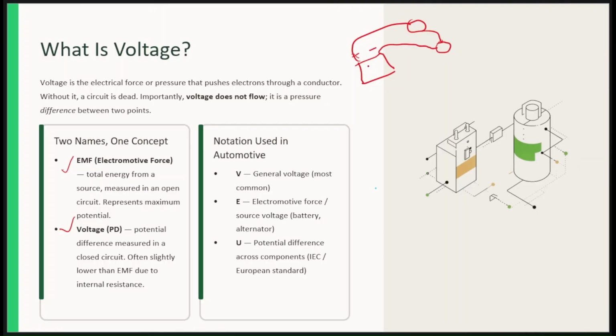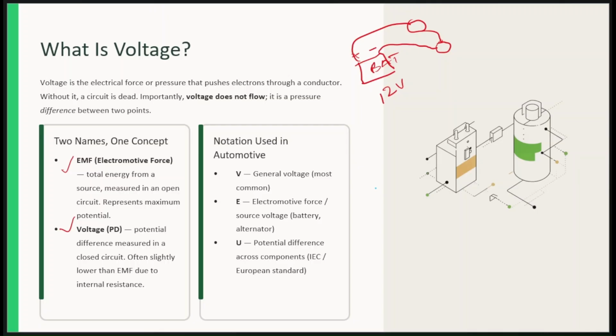What is the source of current here? This battery is the source of current. The difference is between positive and negative. Just consider this as a 12 volt battery. So the difference would be 12 volts between the positive and negative terminals.